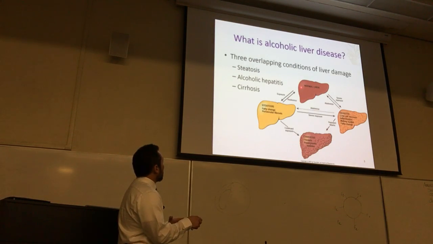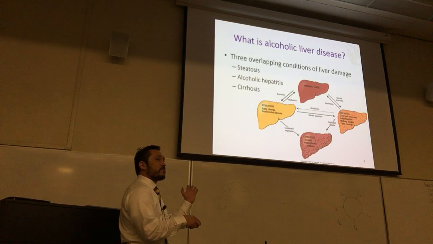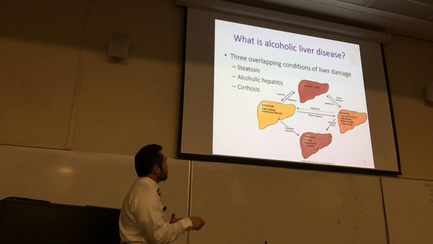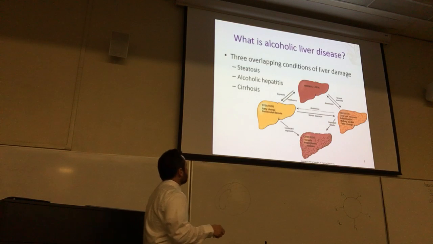So we've got an exposure of alcohol, and then you get morphological changes that take place known as steatosis. If you remove the exposure, then it goes back to normal liver. And you can also have severe exposure that moves more into a hepatitis condition, and we'll talk about the differences. Then you reduce or eliminate the exposure, it goes back to normal liver.